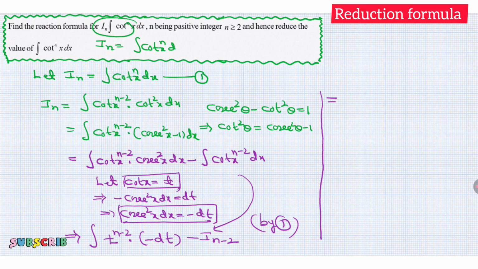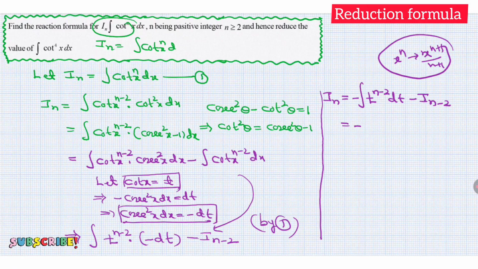I n is equal to minus integration t power n minus 2 dt minus I n minus 2. We know integration x power n is x power n plus 1 by n plus 1.